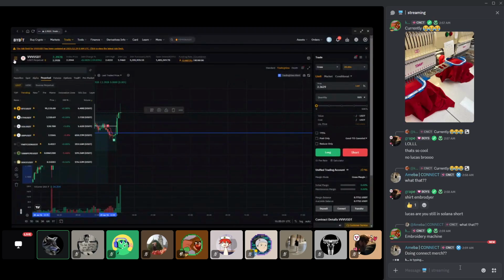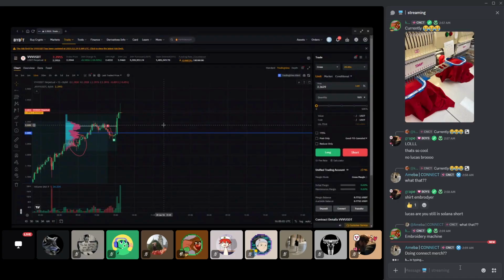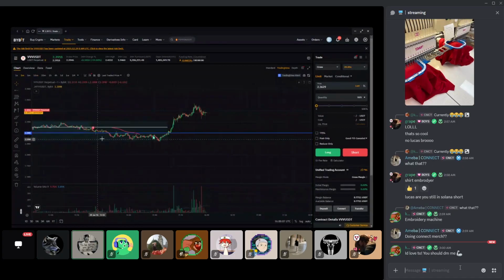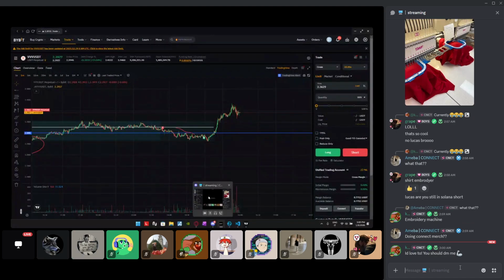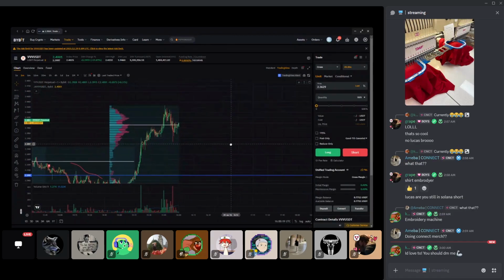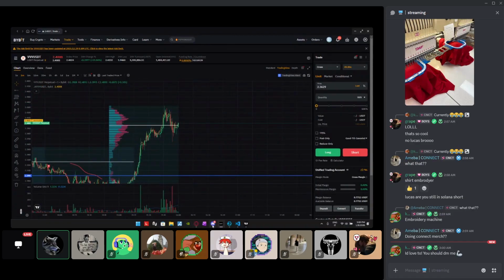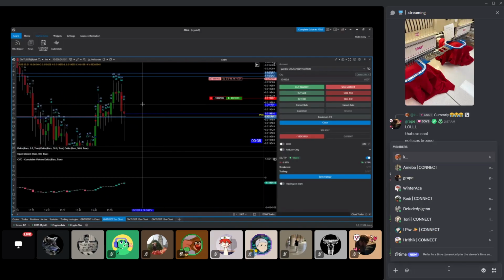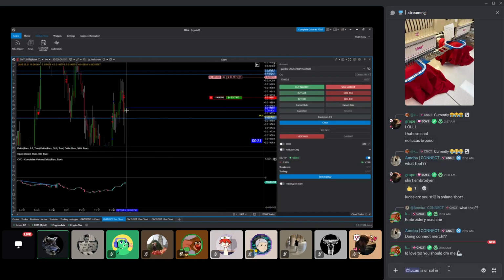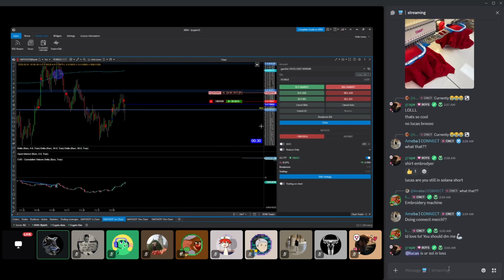VVV is finally starting to dump. Are we planning on a re-entry for VVV? Not yet. Let me check actually. No, not yet. There's still volume up there. Okay, finally up on GMT. That's good, I guess. Can we please just try to break this low now?